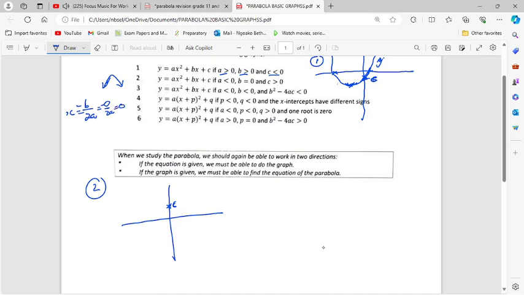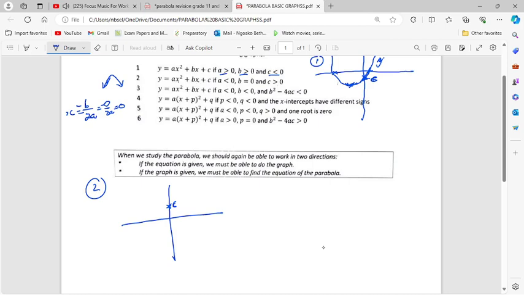So our x value at the turning point is 0. If it is 0, then it means our turning point lies on the y-intercept, so once x is 0 and we substitute x as 0, we have only c.